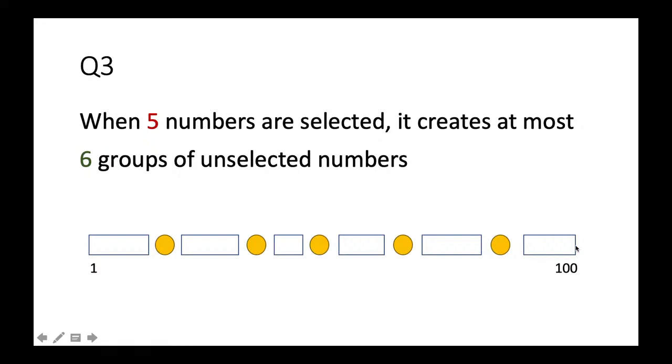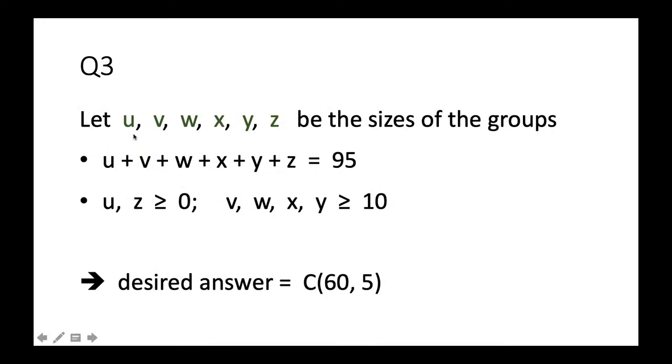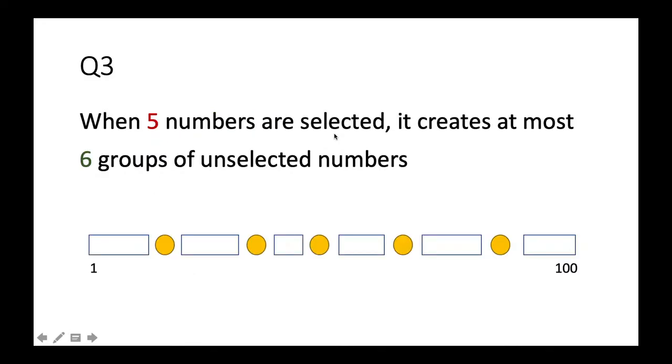Now, to analyze the number of ways to select 5 numbers, let us use U, V, W, X, Y, Z to represent the sizes of these groups from left to right. This group has U numbers inside, this group has V numbers, this group has W numbers, and then X, Y, and Z. We need any two selected numbers to differ by at least 10.